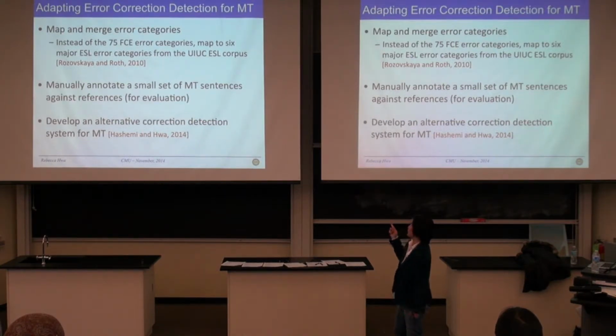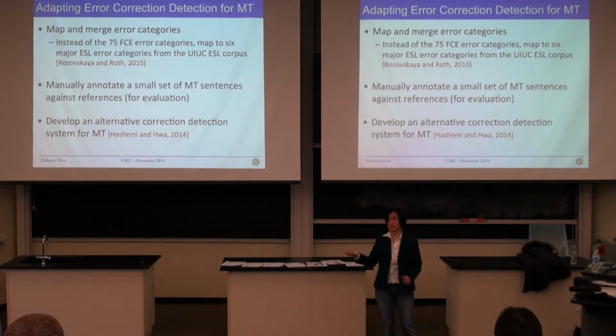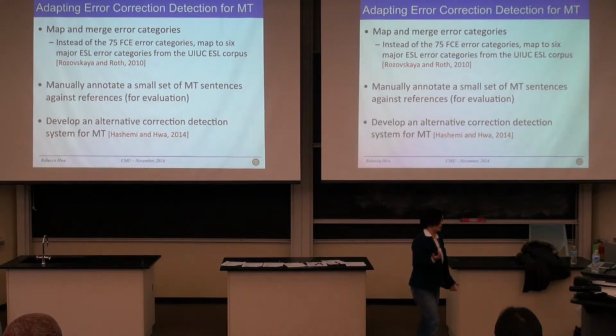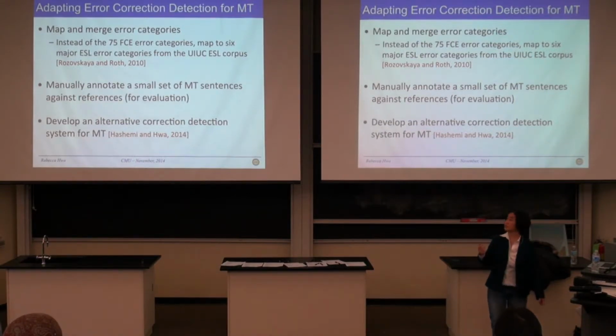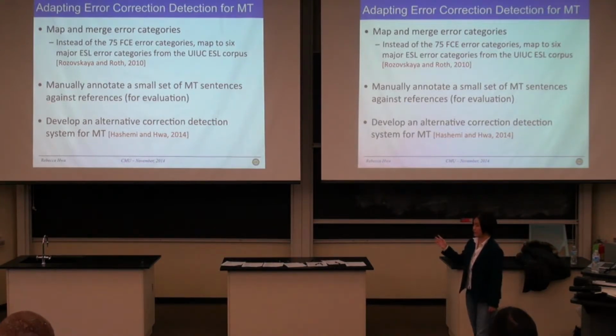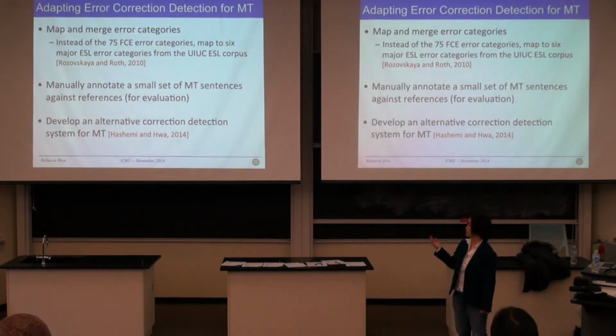Now, we then manually annotated a small set of MT sentences using an MT system and reference sentences for evaluation. And then finally, instead of just saying we're necessarily going to use the classifier, we've also developed an alternative correction system.